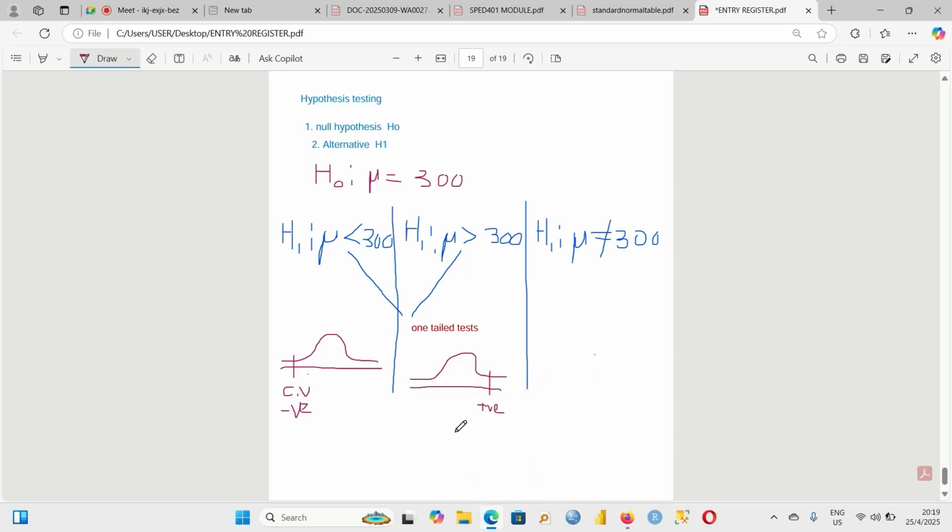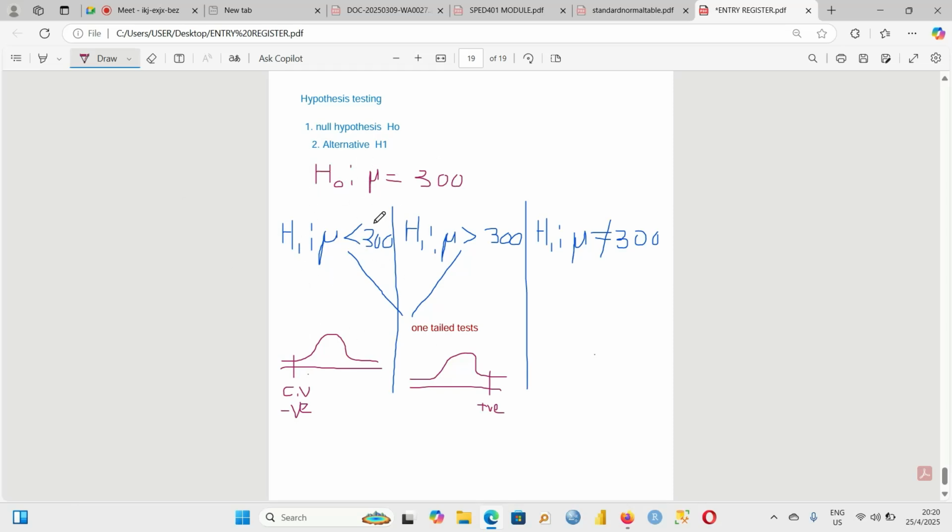Right, fine. So in this case, this is a one-tailed test. These are directional tests which test for either a decrease or an increase. In this type of test, we are testing for a decrease.